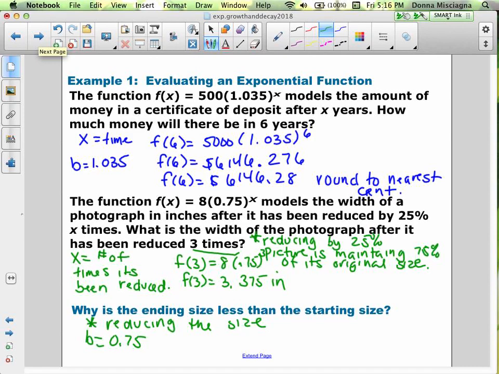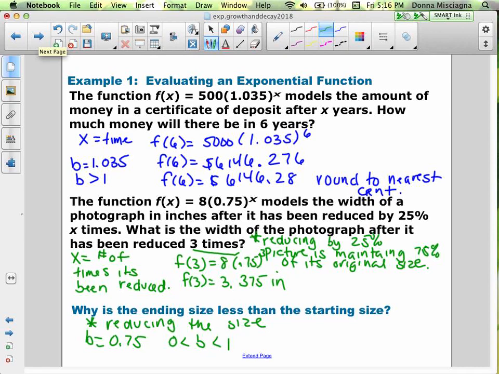Hopefully you notice that here, the base is greater than 1. And here, the base is between 0 and 1. I don't want to say the base is less than 1, because negative 5 is less than 1 too, and we can't have bases that are negative. So our base here is between 0 and 1.